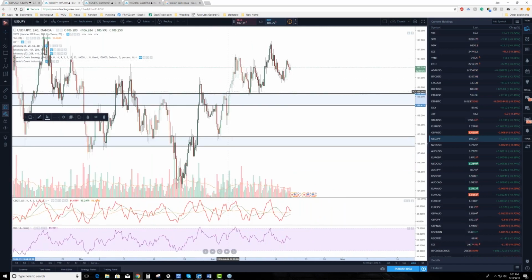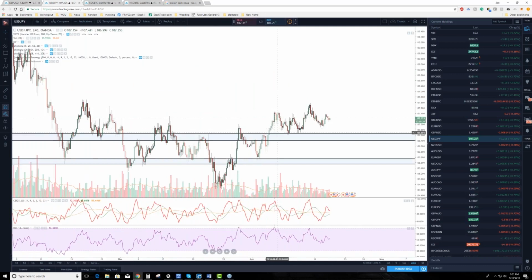Okay, is that we had price trading within this range, these upper and lower ranges, and then look what happened. We started to trade higher. Okay, we had a breakout above, and then that breakout zone ended up becoming the new support. So we've all seen this kind of activity before.